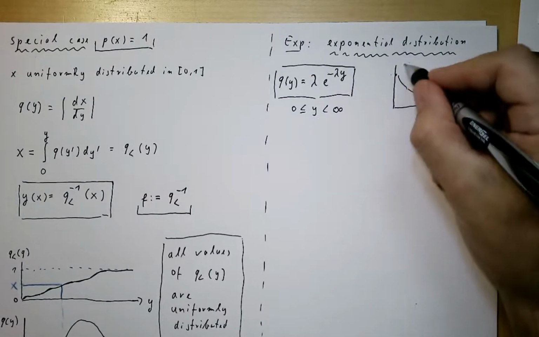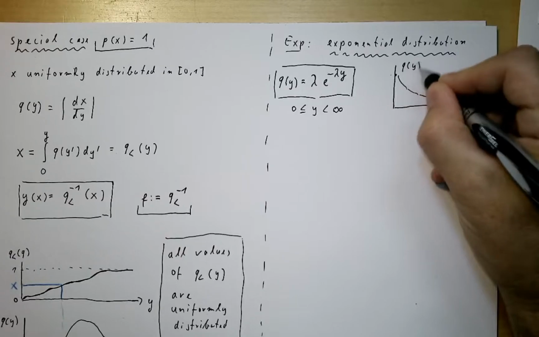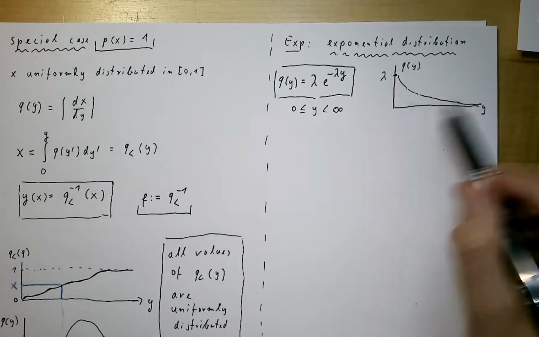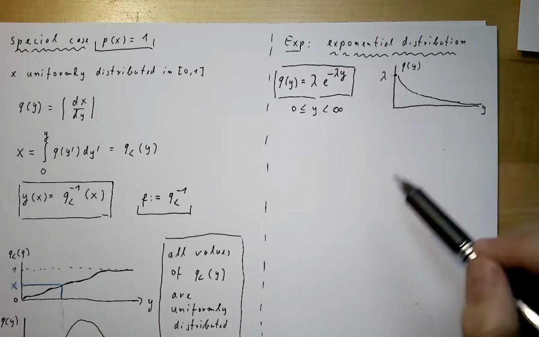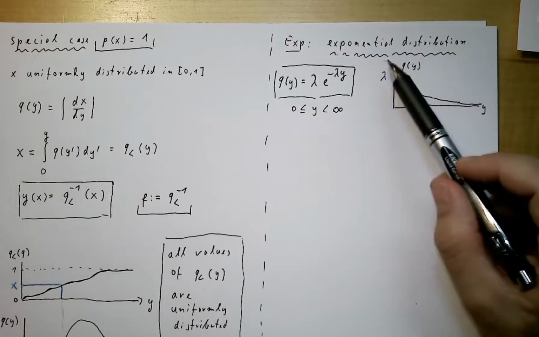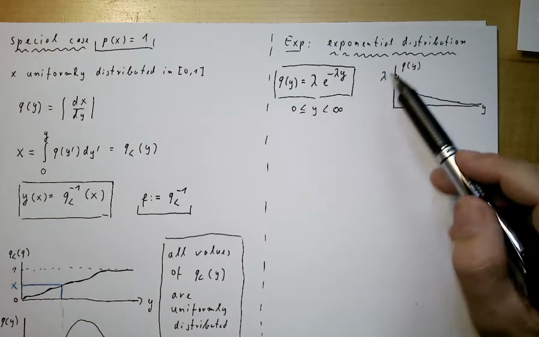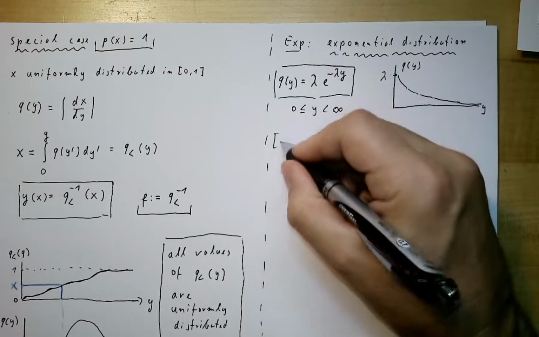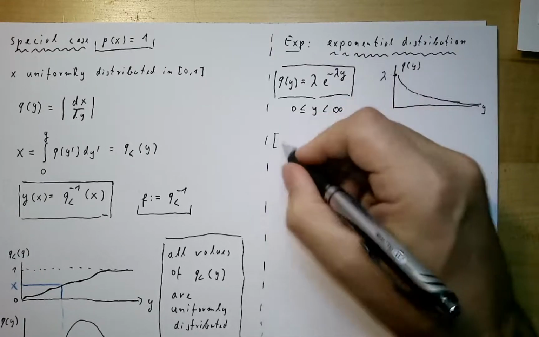And this is our q of y, and it starts at value lambda. So then the integral over this is 1, and this is really a probability density. So this is one of the fundamental distributions, and we will come to this later.